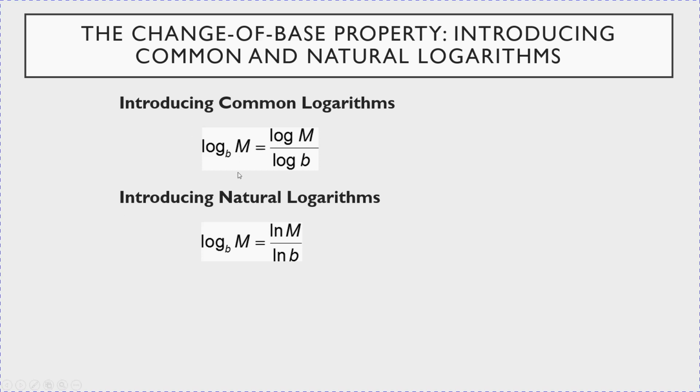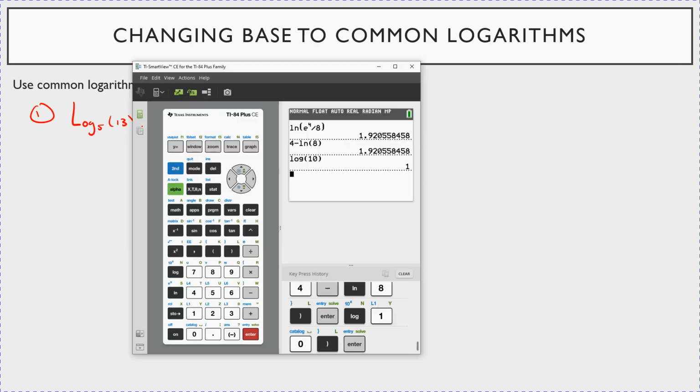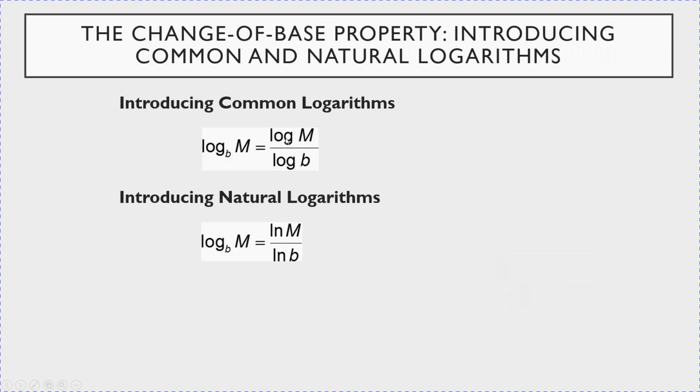Let me show you why you're going to need this. Suppose I ask you to evaluate the following. Let's do log base 5 of 13. What is this equal to? Well, if you look at your calculator, the only things you have are log and ln. So to evaluate this, this becomes log of m.